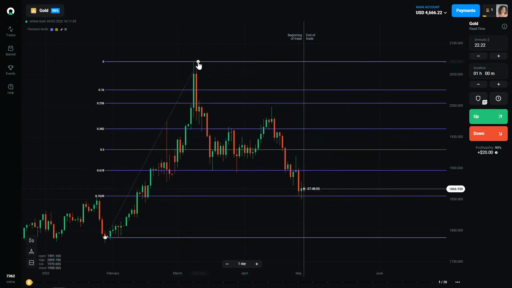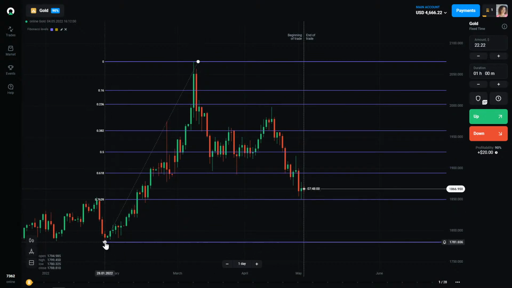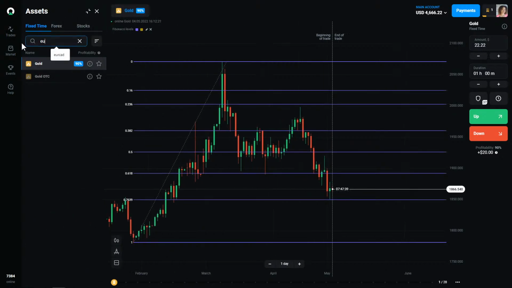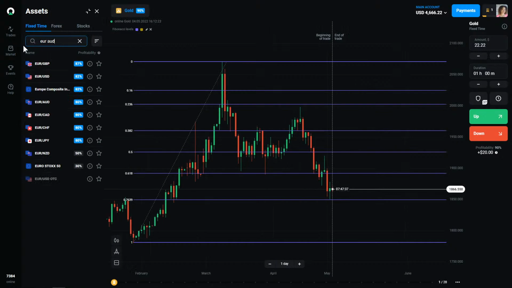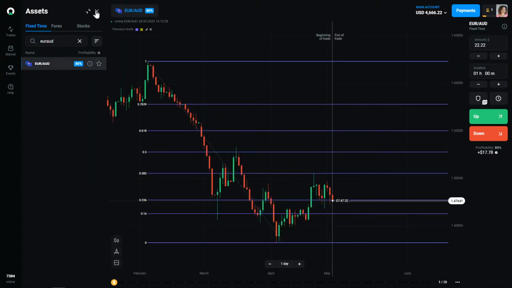I usually stick to the shadows, but just an FYI, you can try this out as well. I would actually recommend that you practice. It's not going to cost you anything on the chart, so just apply them on all kinds of different assets and situations going on in the market. Definitely practice and check it out. Let's see here, and now we're going to look at the euro and the Australian dollar.